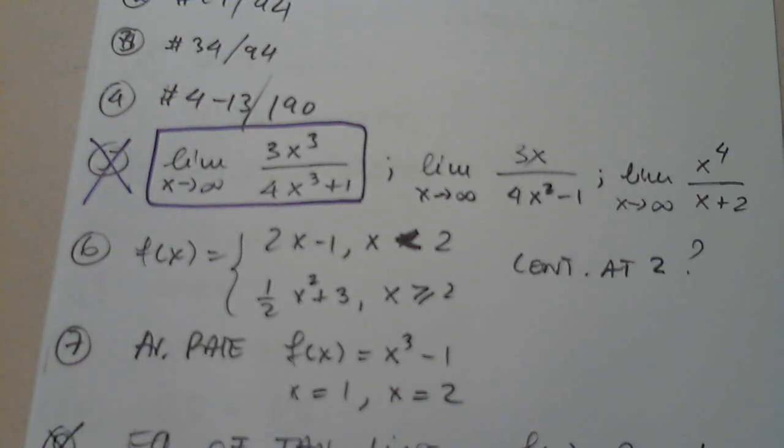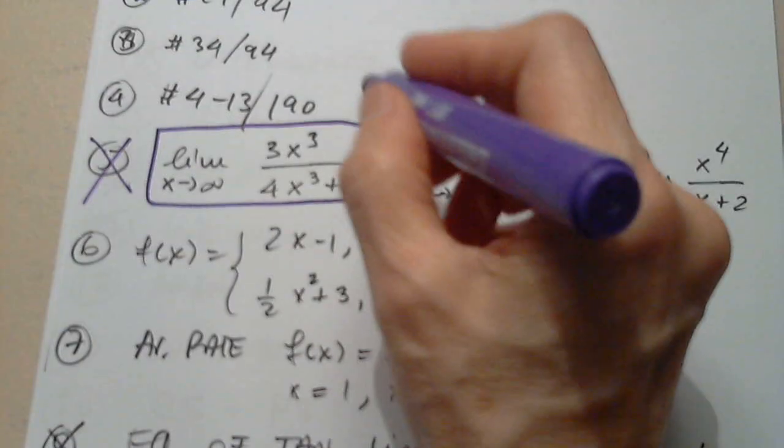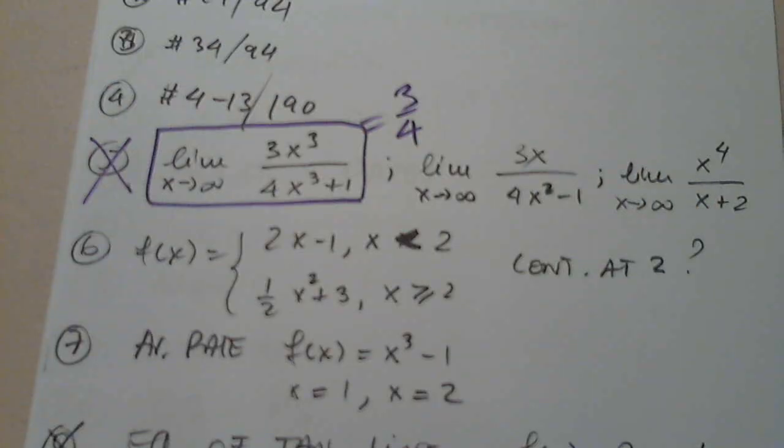It's the same degree over the same degree. It's not 1. It's the leading coefficient of the numerator over the leading coefficient of the denominator. In the previous example we looked at, I chose 1 over 1. But it's the leading coefficient over the leading coefficient, which means in this case it is 3/4.